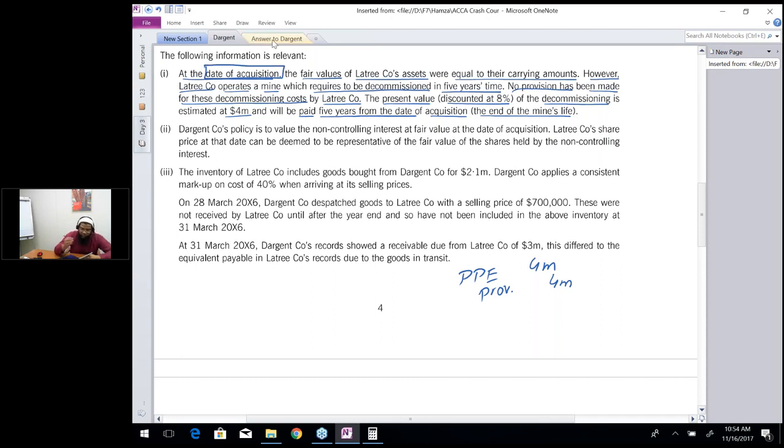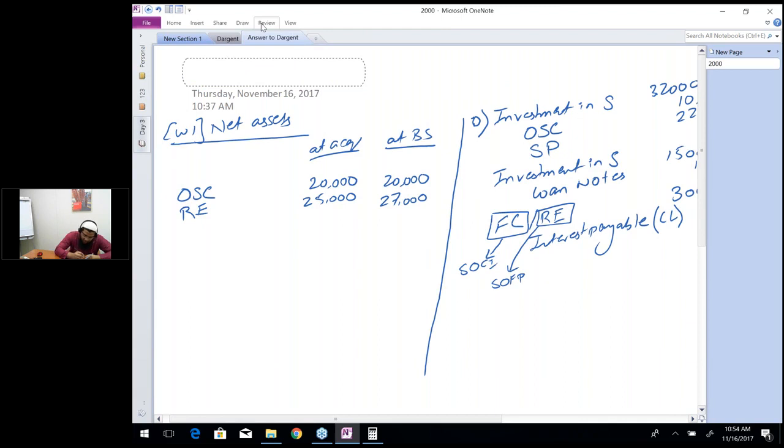Now, if I move to my answer, I'm going to write the fair value adjustment relating to property, plant, equipment and relating to provision, which is a non-current liability. This is a provision for decommissioning. So I'm going to write 4 million, which is 4,000 because I'm performing my answer in thousands. And then I'm going to increase the liabilities provision as well by 4,000.